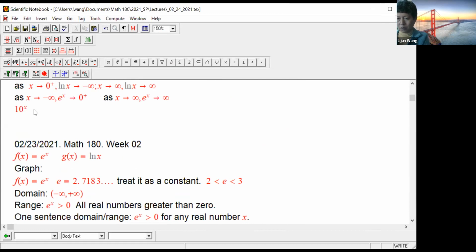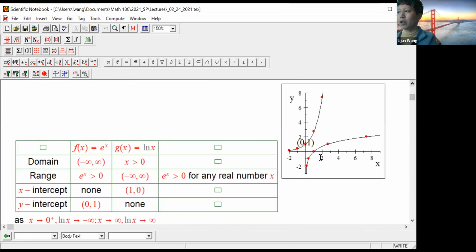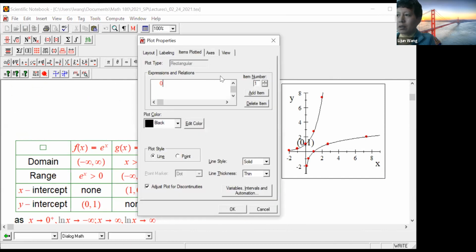And what else? Common log x. Oh, there's another thing we forgot to mention, but you already know. These two functions are inverse to each other, right? That's right. We don't want to forget that. Sometimes they're too obvious, so we forget.